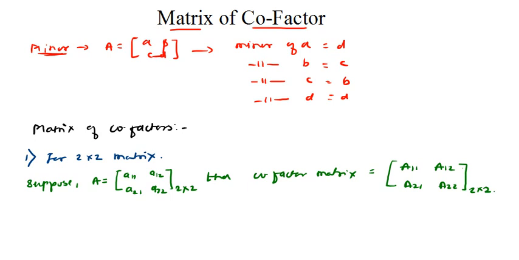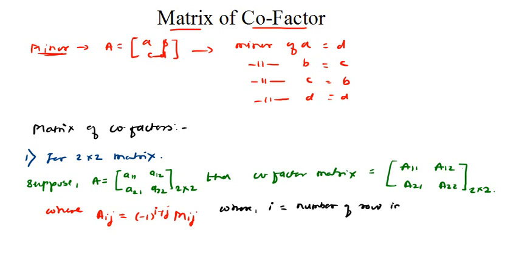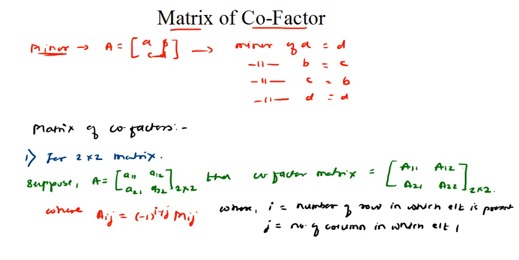Here, each Aij, that is A11, A12, A21, A22, is equal to minus 1 raised to i plus j into Mij, where i is the number of the row in which the element is present, and j is the number of the column in which the element is present.